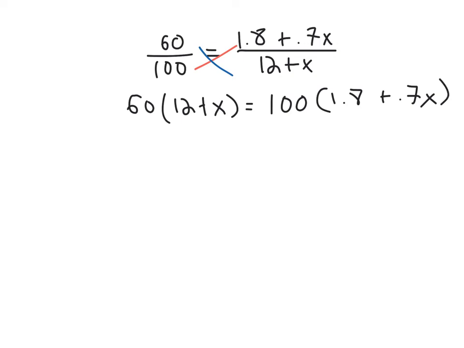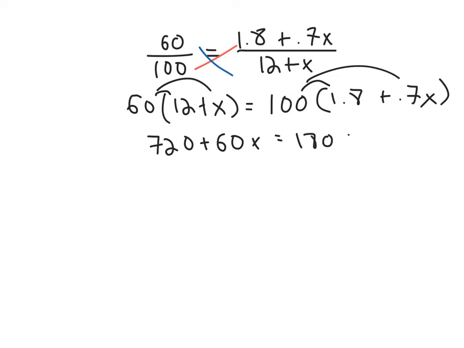So at this point we'd want to use the distributive property. So 60 times 12 would be 720 plus 60x. Over on the right side, if I distribute the 100, we'd get 180 plus 70x. And now it's a simple linear equation.